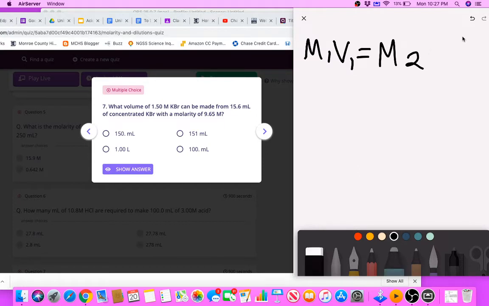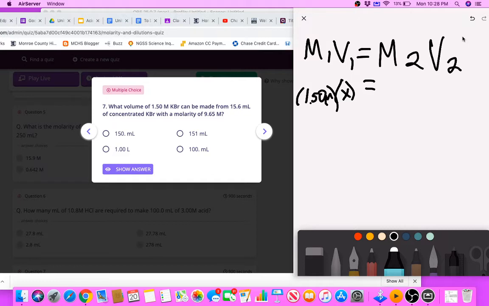Here, what volume, so again our volume is going to be our X, and we're just going to say that this is our solution 1. What volume of 1.50 molar KBr? So our molarity for that one is 1.50 molar.